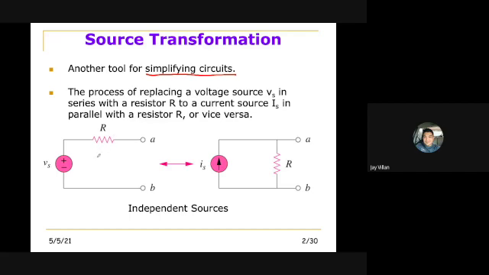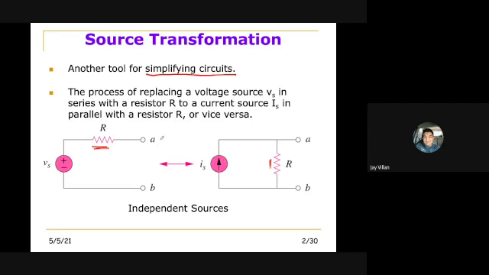So the requirement is that you need to have a voltage source that is in series with a resistor, so that you will be able to convert it into a current source, Is, in parallel with the resistor, of the same value as the resistor connected in series with the voltage source. So you'll be able to transform vice versa, from voltage to current and from current to voltage source.